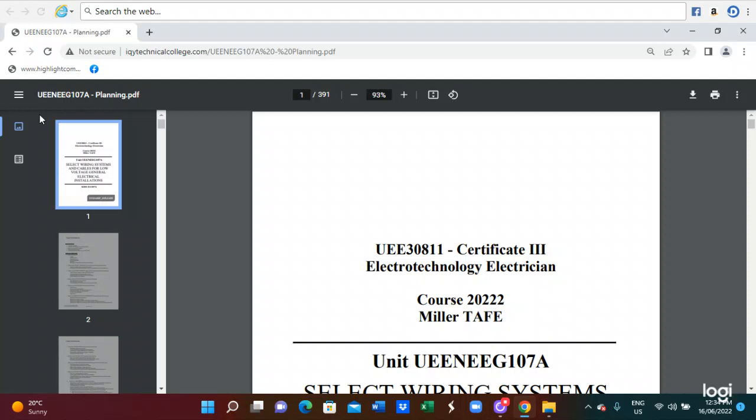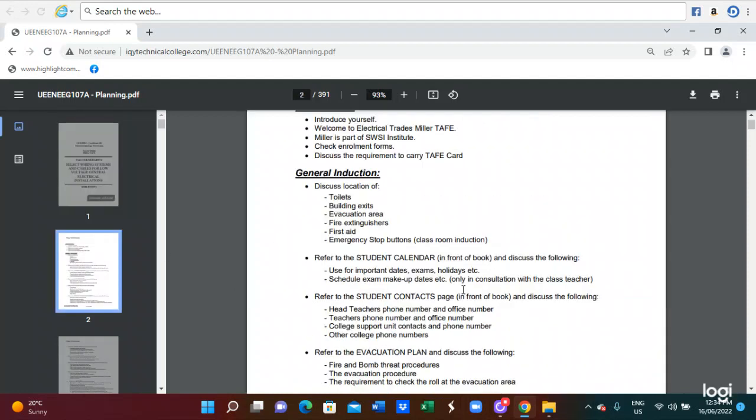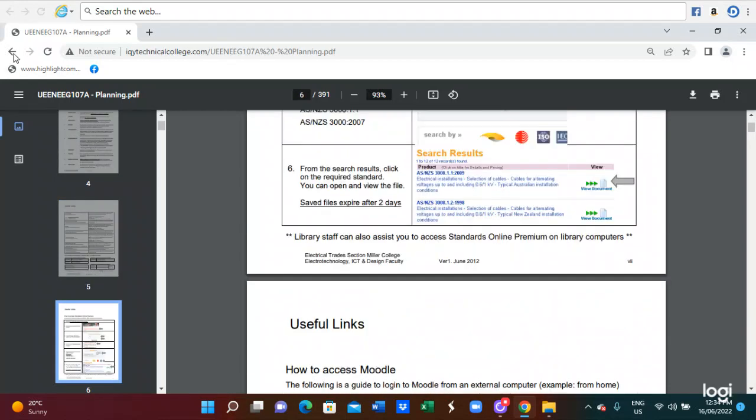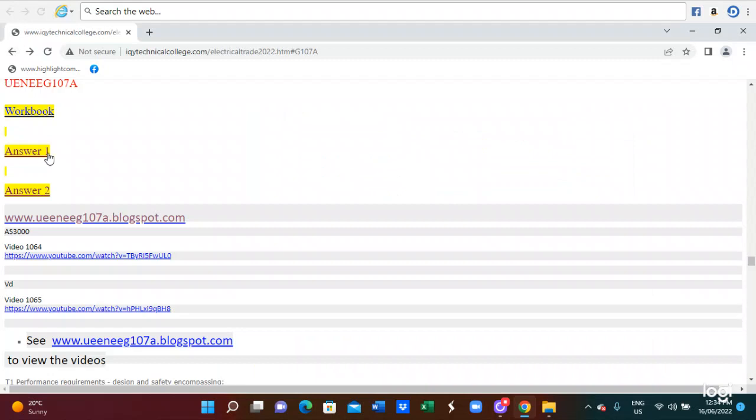So those are the G107 workbook. You study the workbook and also you study the answer. Those are the answers for the workbook: G107 workbook answer part 1 as well as part 2.